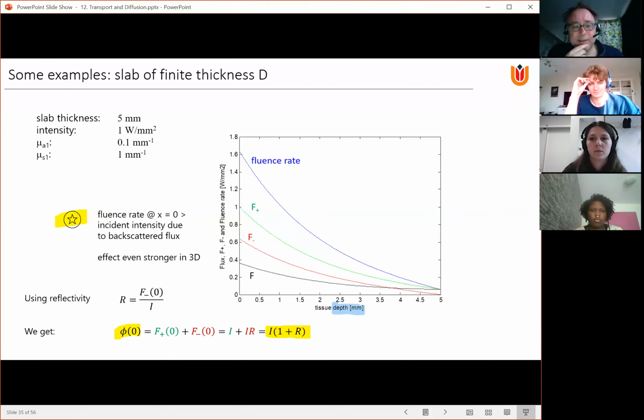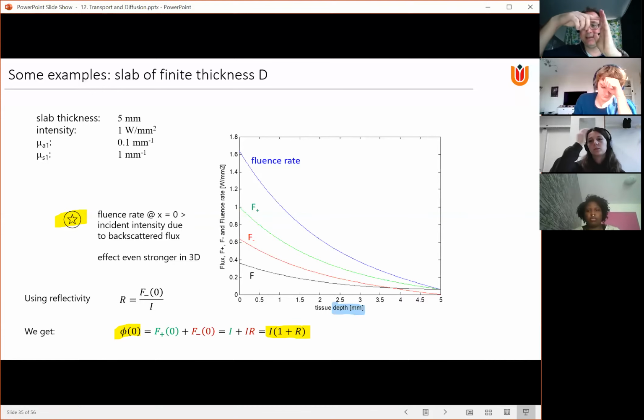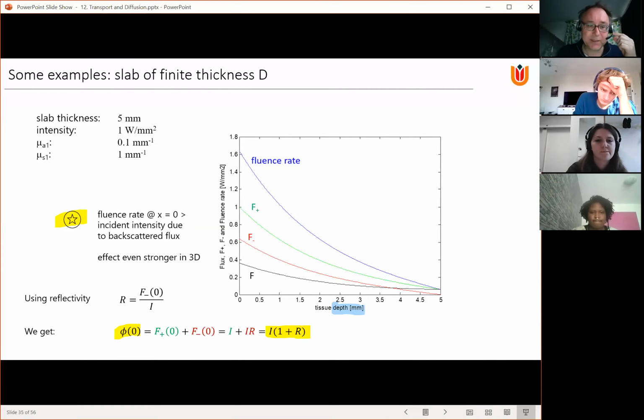There's another nice thing, because if you now remember the definition that we had for reflectivity, that was the flux in the backward direction at the incident boundary. If we divide that by the incident intensity, that was the reflectivity, the fraction of the light that is reflected from the tissue.